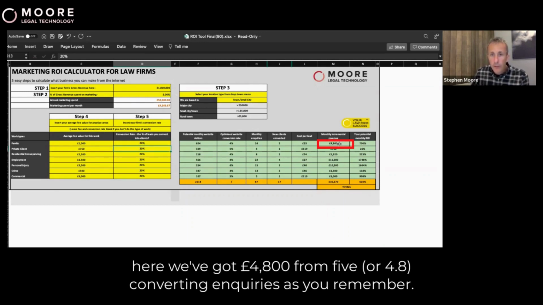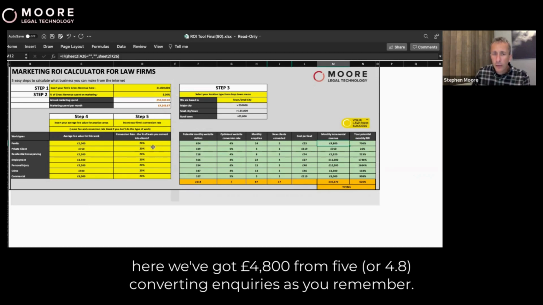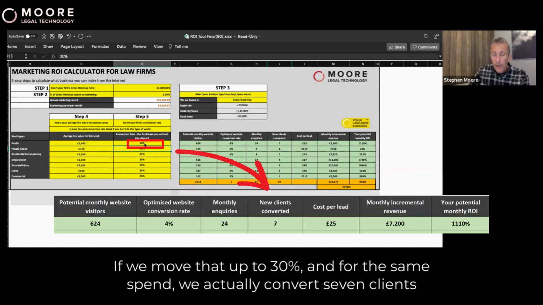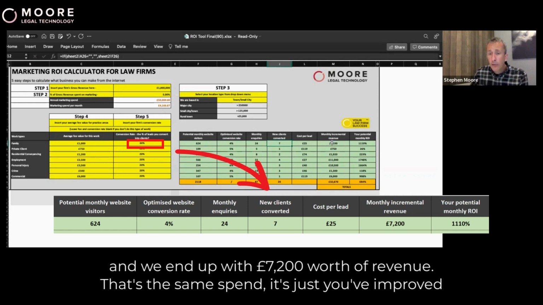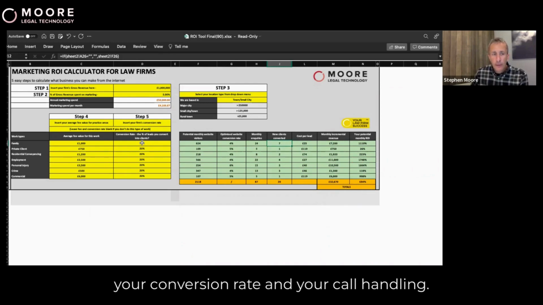So here we've got 4,800 from 5 or 4.8 converting inquiries, as you remember. If we move that up to 30%, then for the same spend, we actually convert 7 clients and we end up with £7,200 worth of revenue. So that's the same spend, it's just you've improved your conversion rate and your call handling.